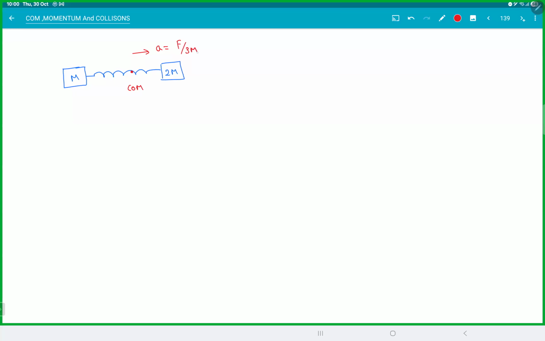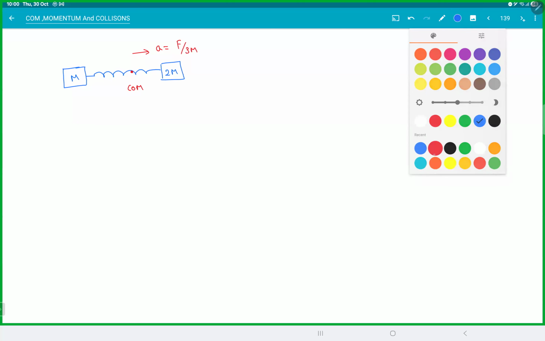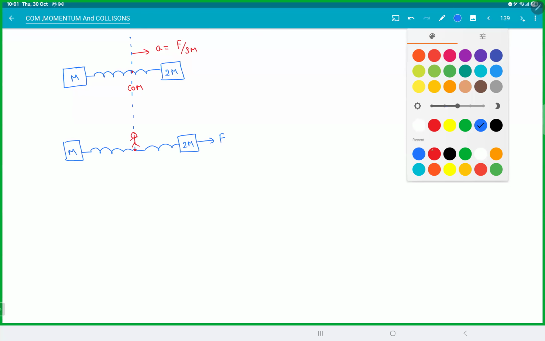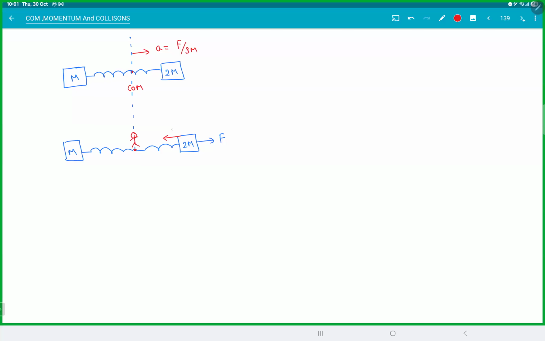You put an observer on top of it, so center of mass will come to rest. If you ask this observer what the forces are, he will say, this thing has a force F. And since I'm in a non-inertial frame, I have to apply pseudo force, which is mass of the body times acceleration.